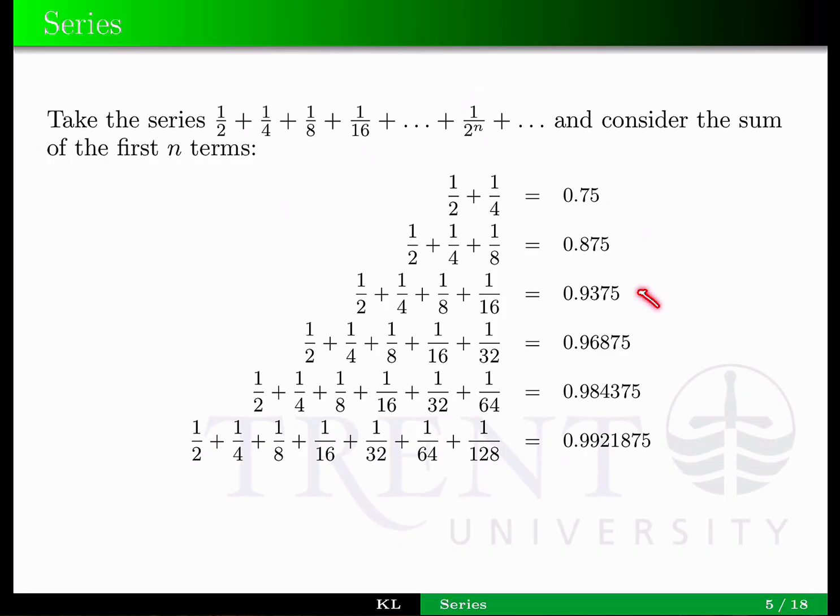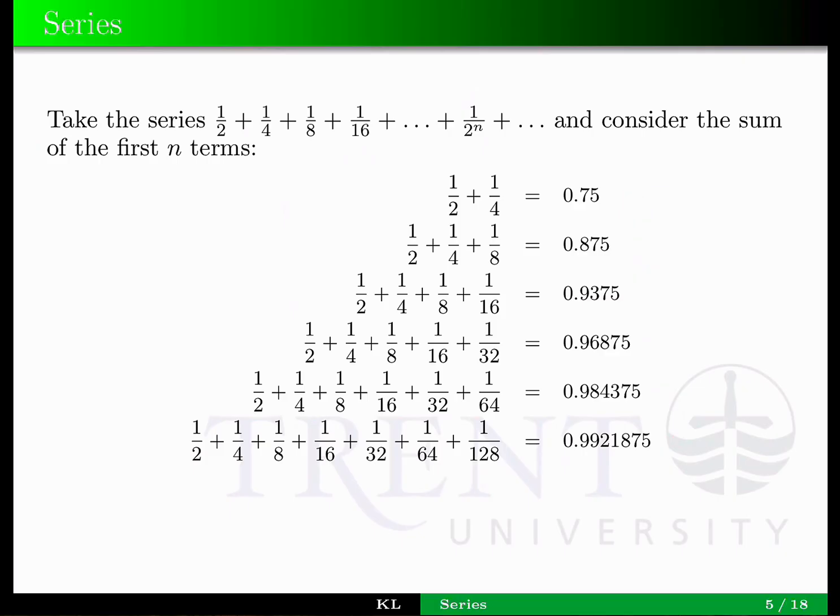And then from this sum going to this sum, it became roughly 0.03. And then this one here up to this, it became 0.016 something. And then from this point up to this point, the difference is 0.008 something.